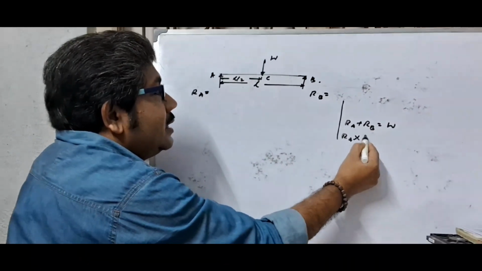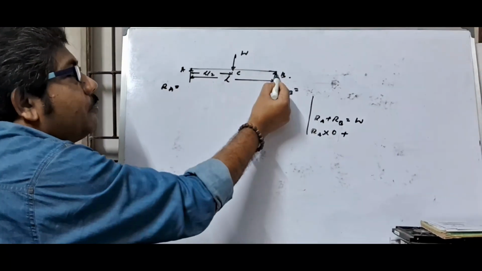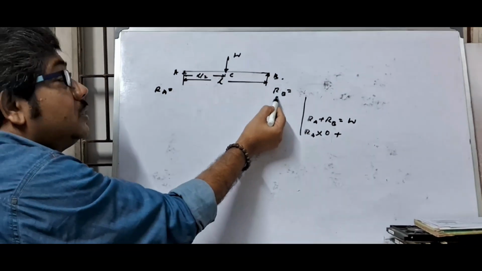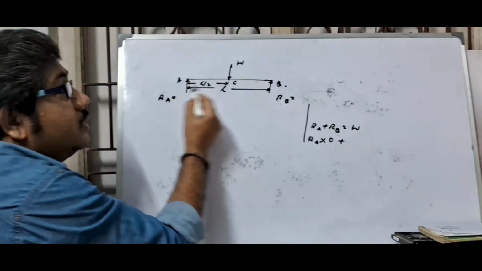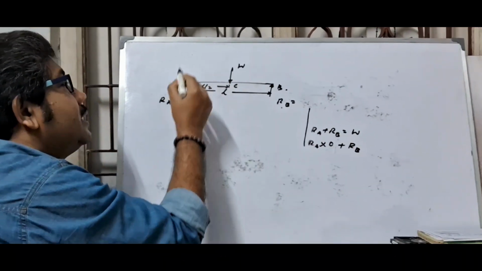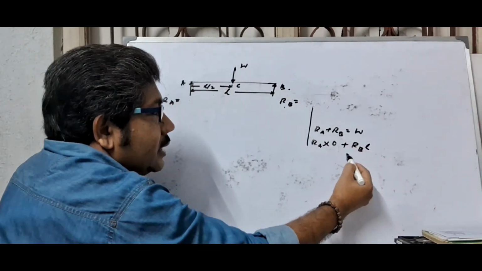Plus at point B, this is RB, and taking moment at point A, the distance is L.